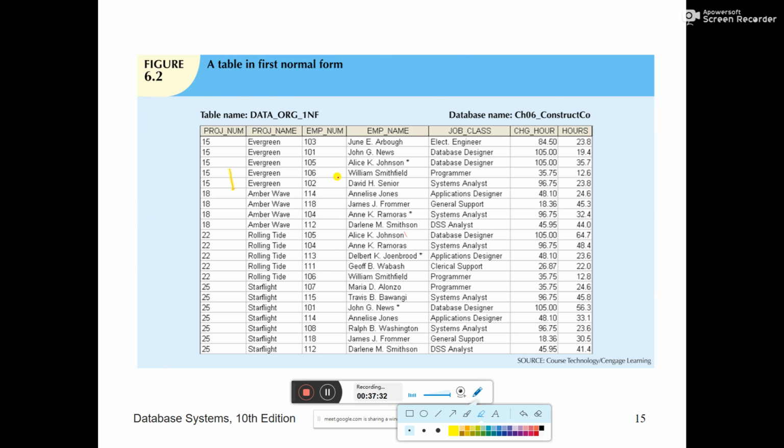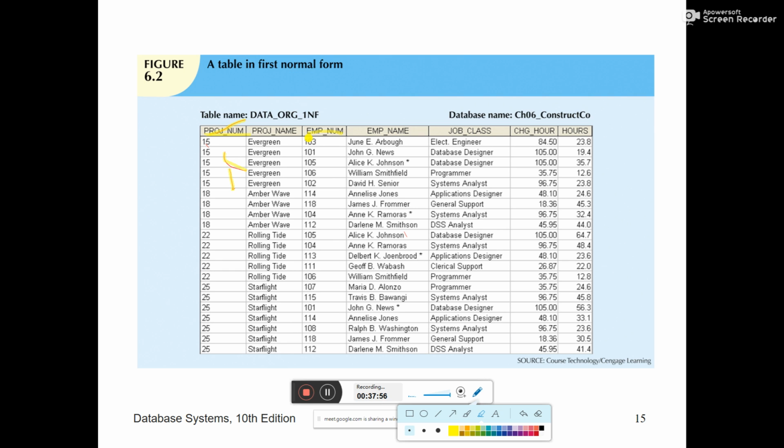So what can be the primary key now? Project number and employee number. These two attributes together are unique for each row, so we can use them as a primary key, or we have a composite primary key right now. This is our composite key.